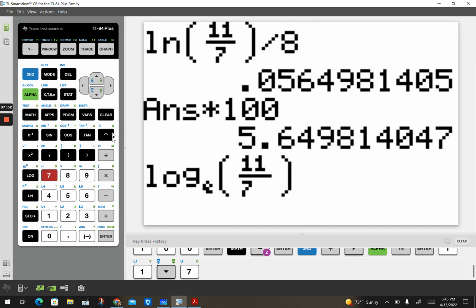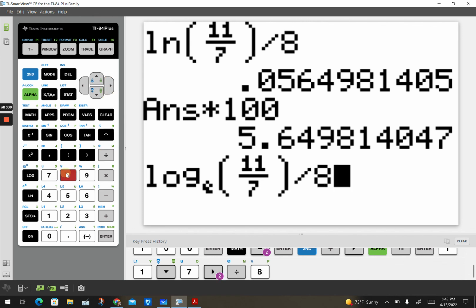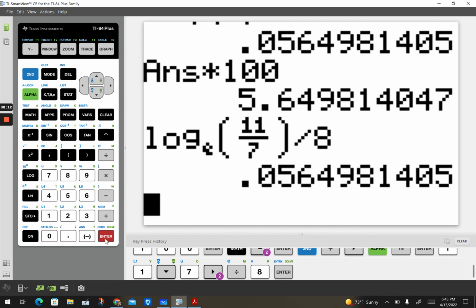This last problem right here, I'm actually going to let you work on it on your own for extra practice. I am going to tell you what the final answer is, and if you want the work, you can log on to Google Classroom to find the work behind this problem, but I challenge you to do it on your own.